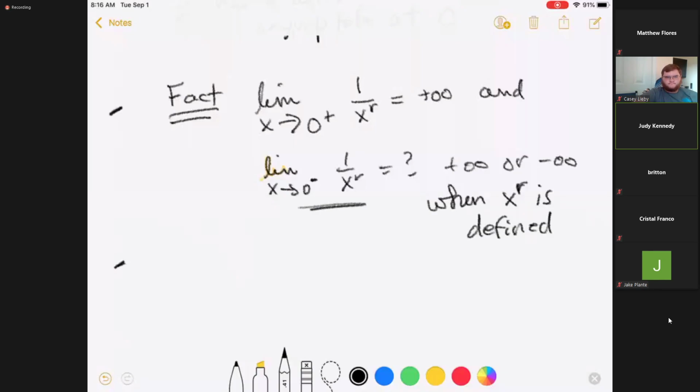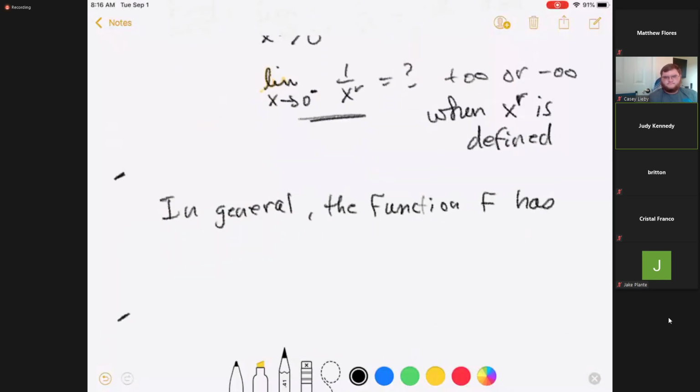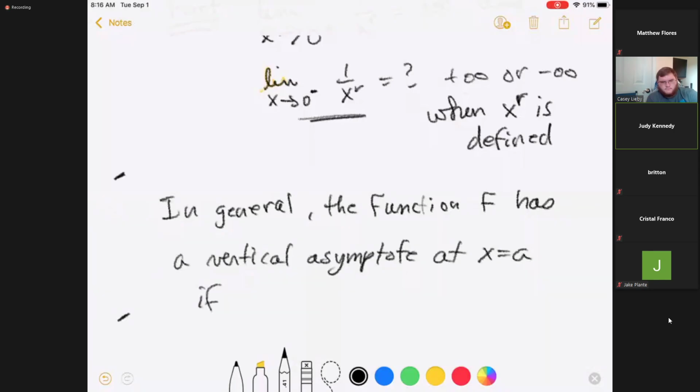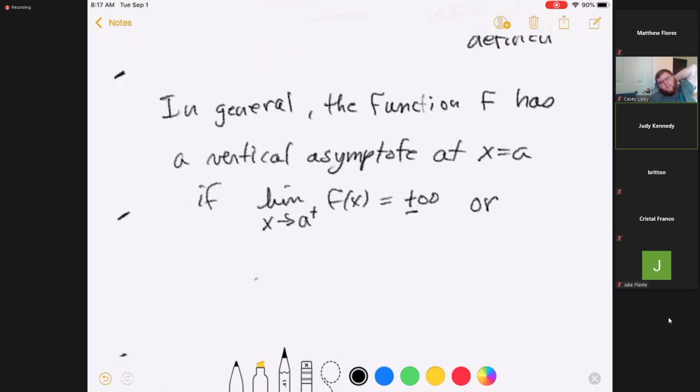And in general, if the function f has a vertical asymptote at x equal to a if the limit as x approaches a from the right of f is plus or minus infinity, either one, or the limit as x approaches a from the left of f of x is either plus infinity or minus infinity.